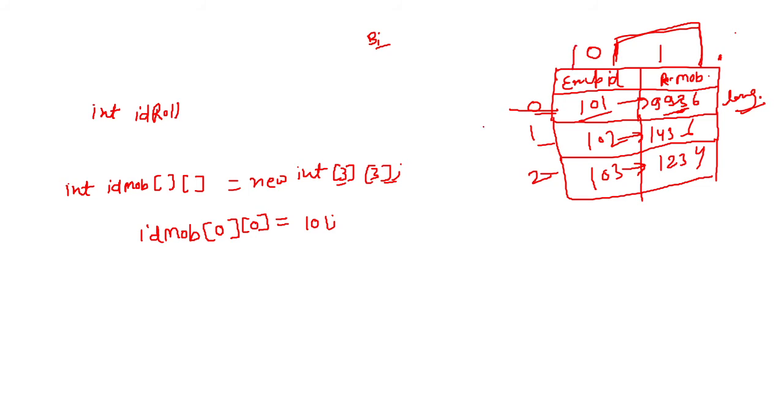Then I have to store the mobile number of the first employee, then id mobile 0 1, and what is that? 9936. 0 and 1, 9936.